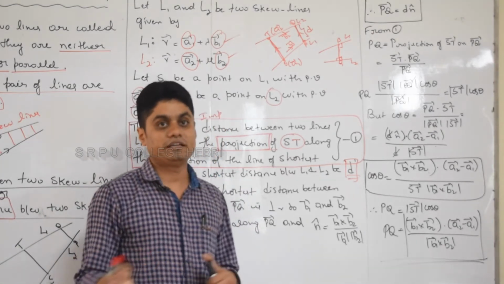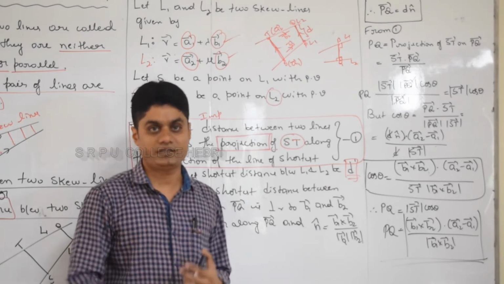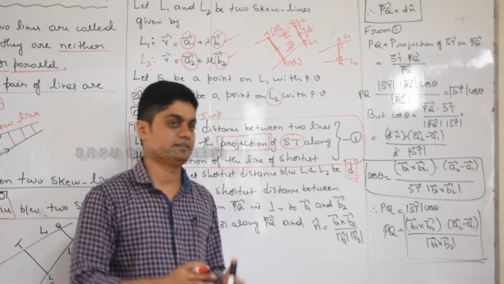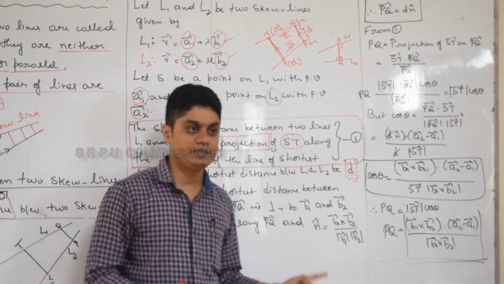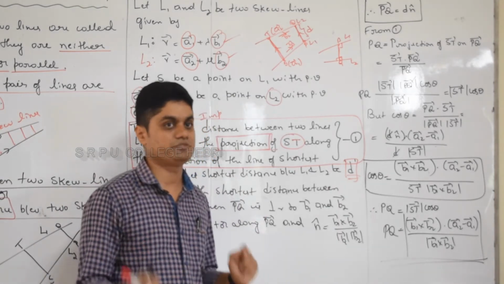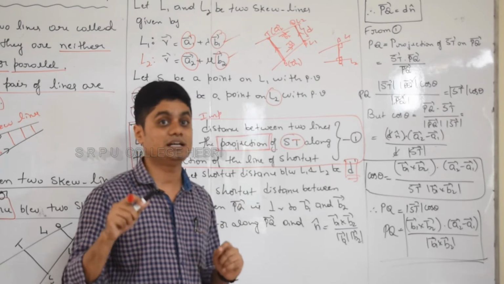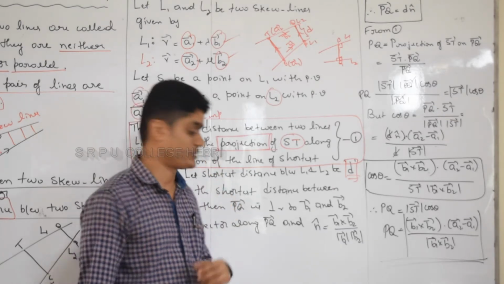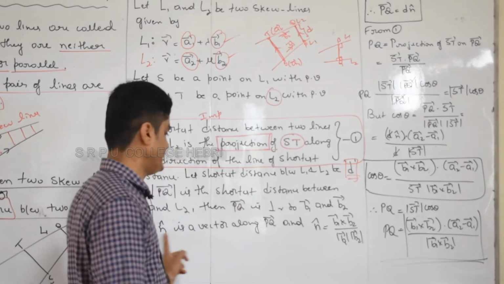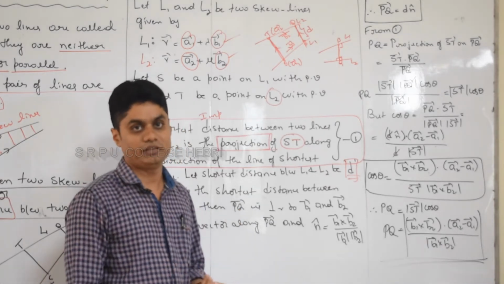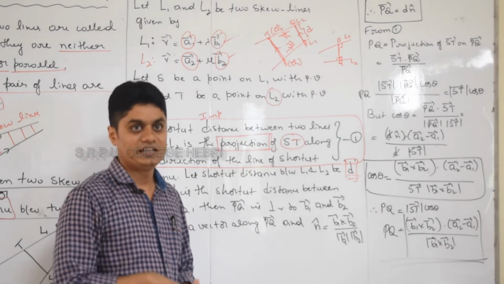But when we compare, we have to compare vectors only; we cannot compare a vector and a scalar. So remember that the vector PQ is definitely perpendicular to vector B1 as well as vector B2, because B1 and B2 are the two vectors parallel to the respective lines. So the direction of vector PQ is along n cap, or n cap is along PQ. N cap is a unit vector, right hand system.